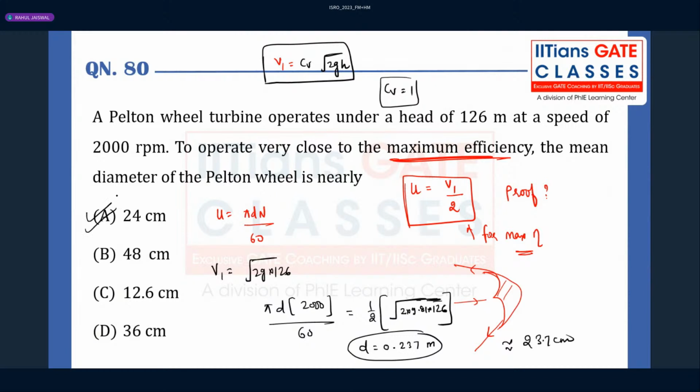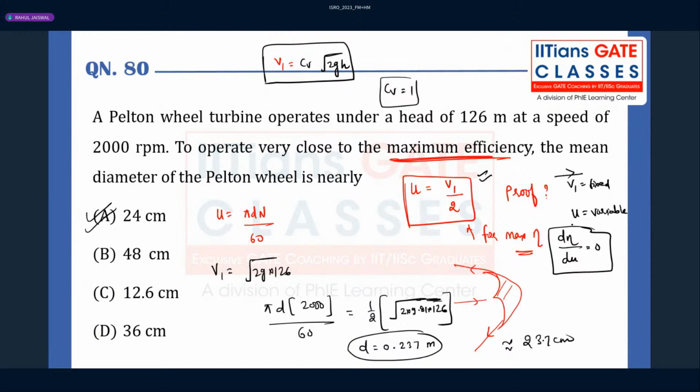Once it is done, we can leave for the day. A very simple proof is there. The only thing in proving this is, we have to vary for a given U value. The velocity of flow will be fixed, that you cannot change, but the speed of the bucket, that you can change. So this is a variable. So definitely you have to differentiate efficiency with respect to U only and equate to 0, right?